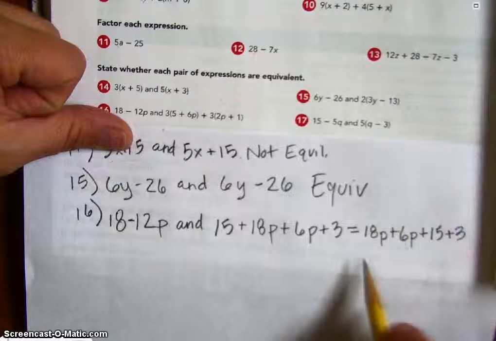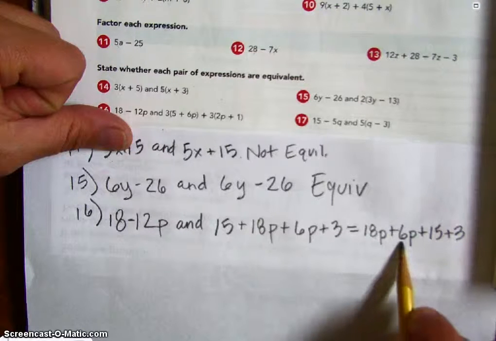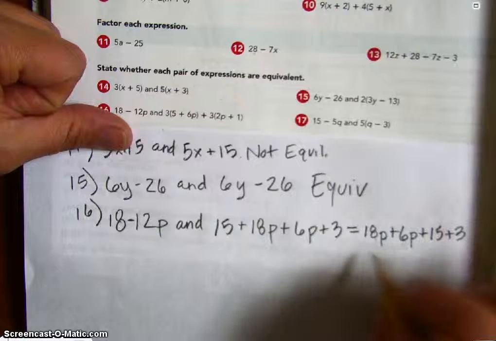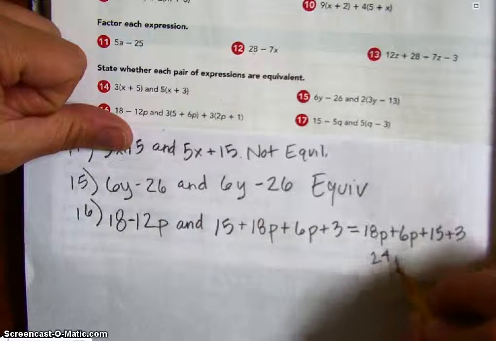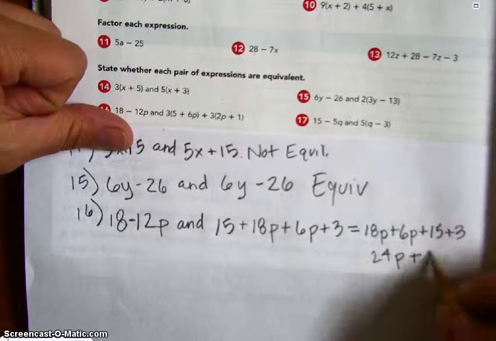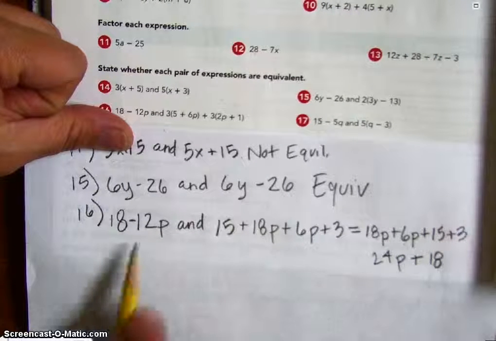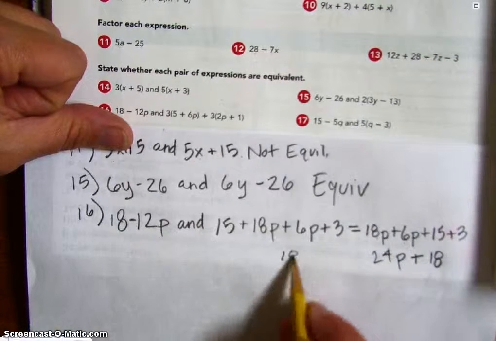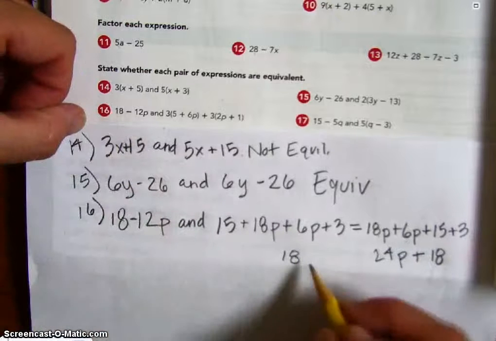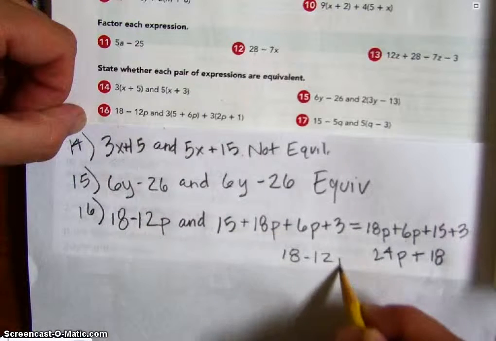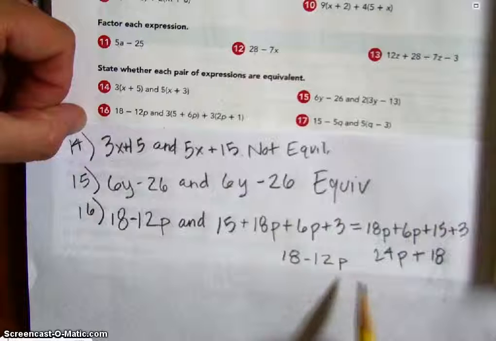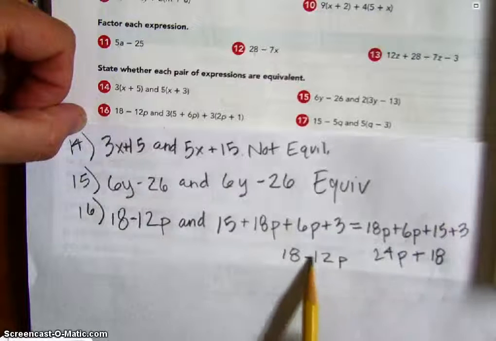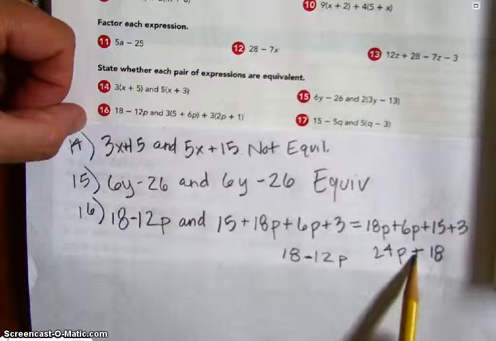Now we just combine our like terms. 18p plus 6p is going to be 24p plus 18. And is that equivalent to our original one here? 18 take away 12p? No, it is not going to be, because this is take away. This is plus.